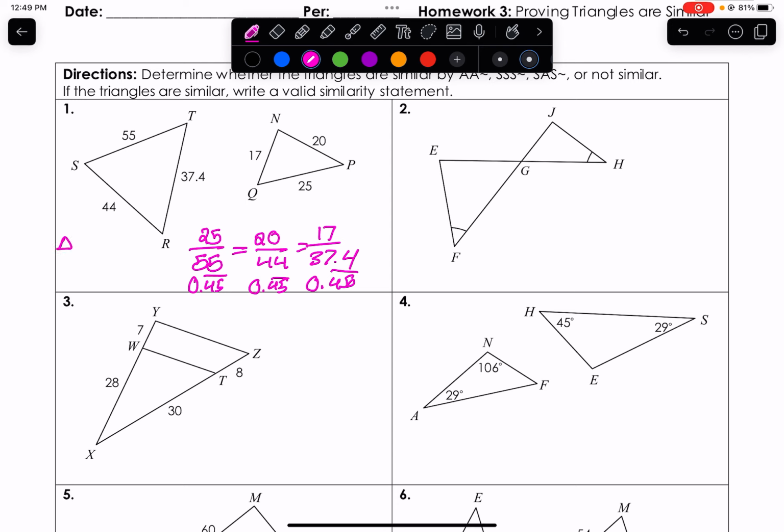So if I write my triangle statement, TSR is similar to QPN, because we went from largest to second largest.